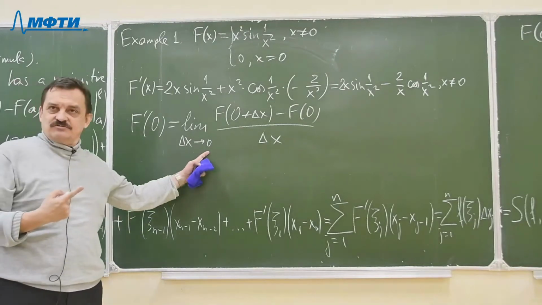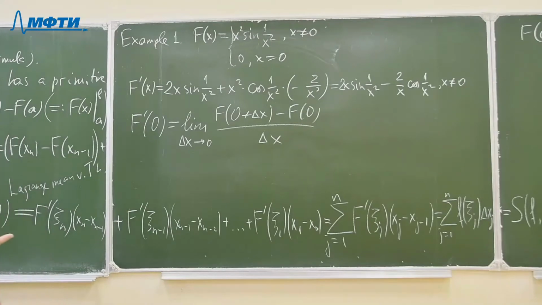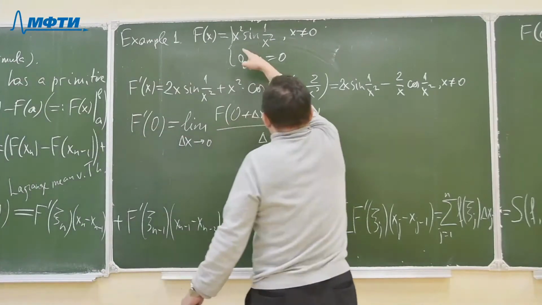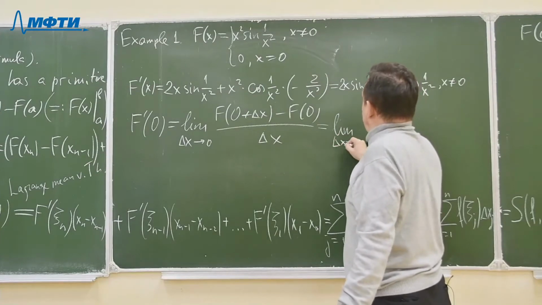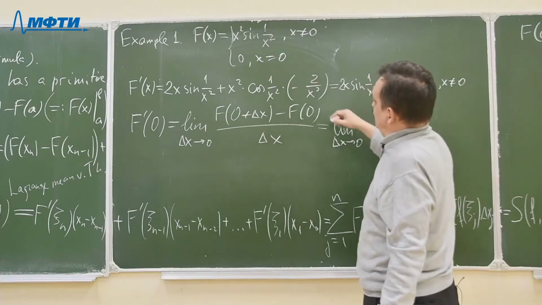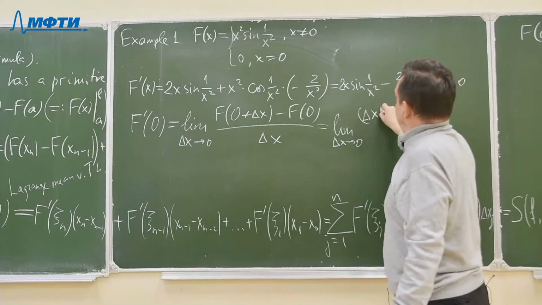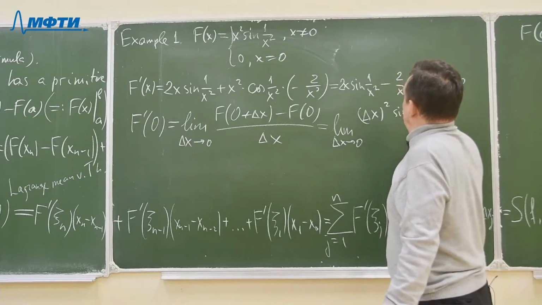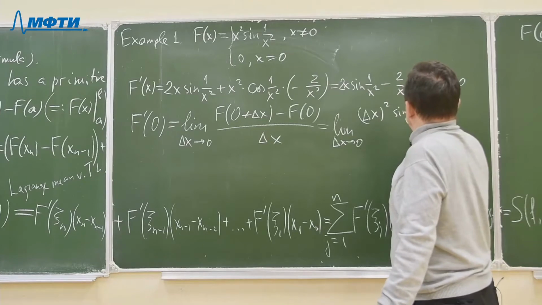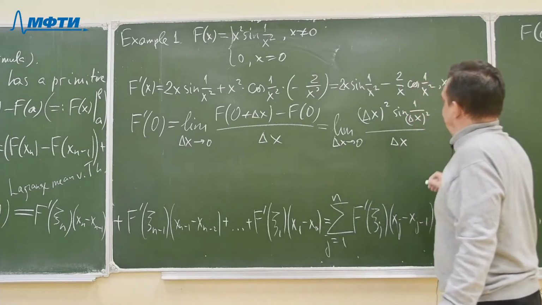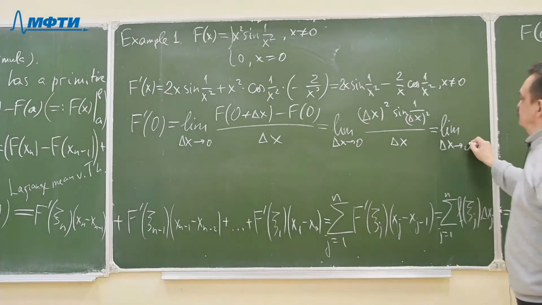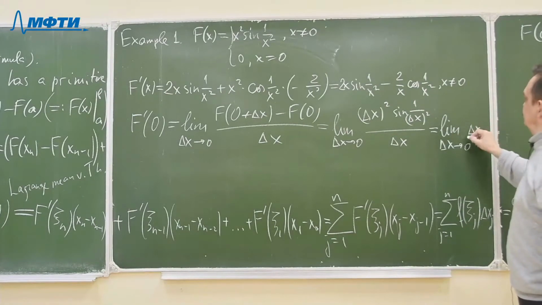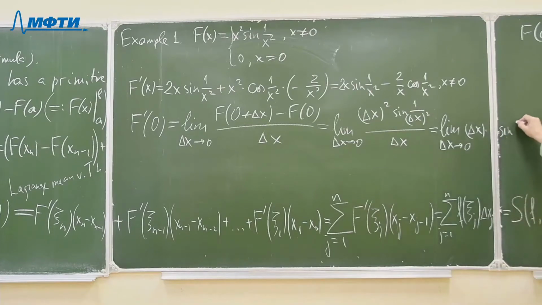It tends to 0, but it is not equal to 0. So I replace the values of capital F, and we obtain delta x squared sine 1 over delta x squared over delta x. That is delta x times sine 1 over delta x squared.